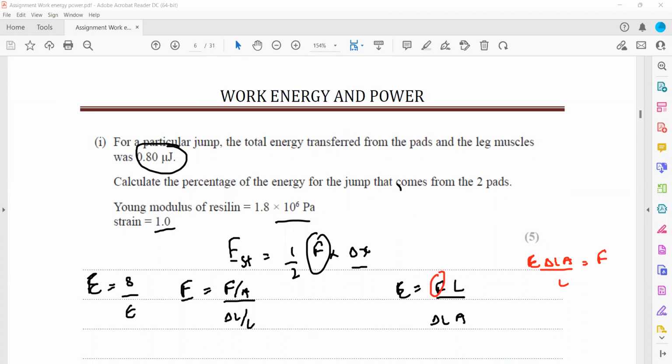So the Young's modulus was given as 1.8 into 10 power 6. The strain is given as 1 here, so change in length over original length equals 1. It does not make a difference. And what about area?